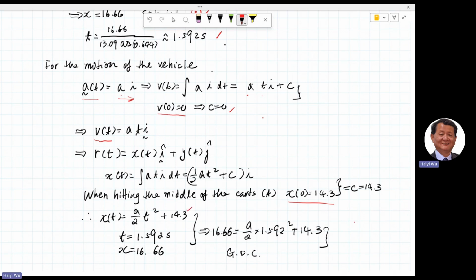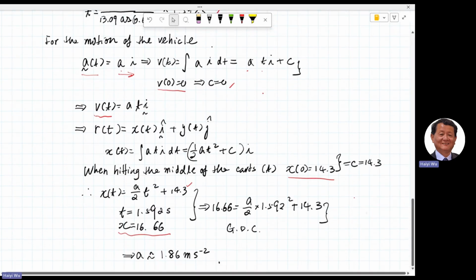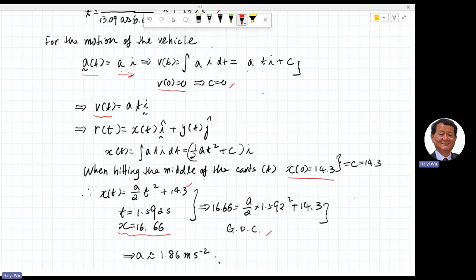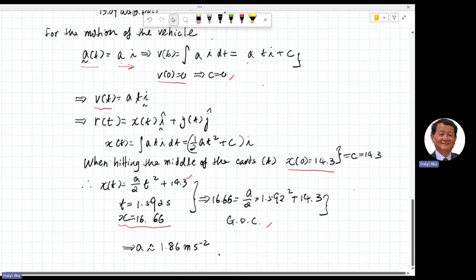All right, now we put the time into the x component, and also we know the distance when the object hit the cart is 60.66. So we substitute into the equation. Then we can work out a, using the GDC, to find it was 1.8 meters per square second.